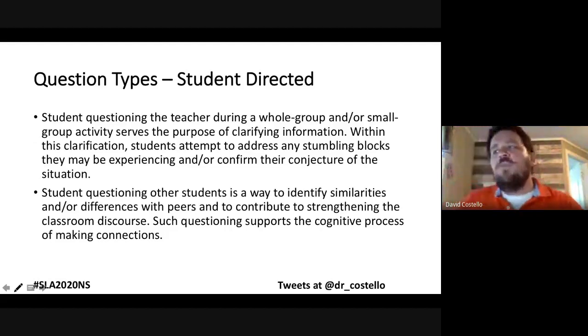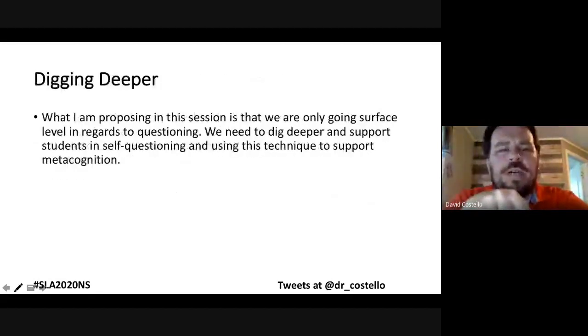So as a way to address that, I think we need to dig deeper. In terms of questioning, we are going 1 mile wide and 1 inch deep. We're doing all these different types of questioning because we know the value of being questioners in understanding mathematical concepts and strategies.